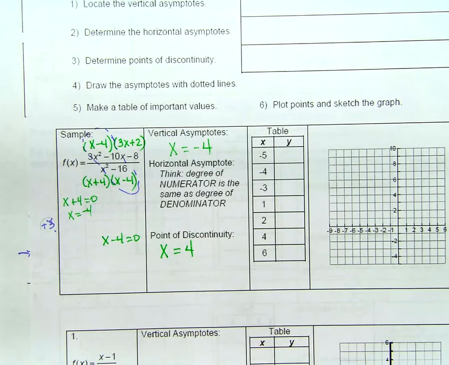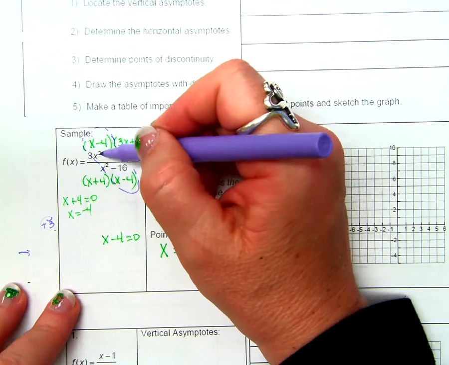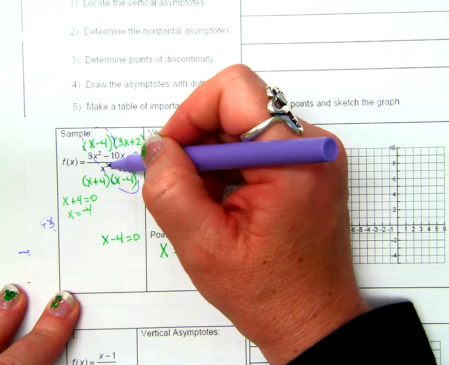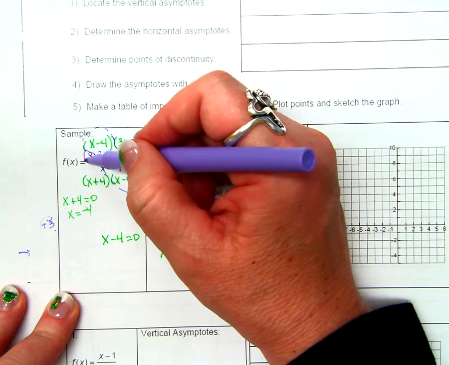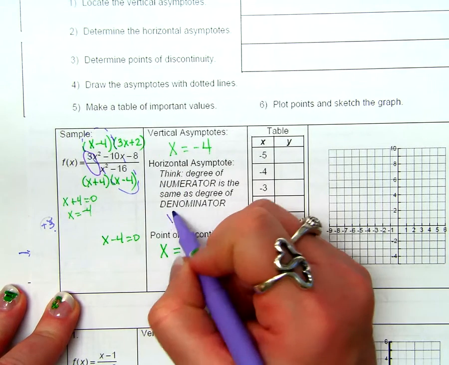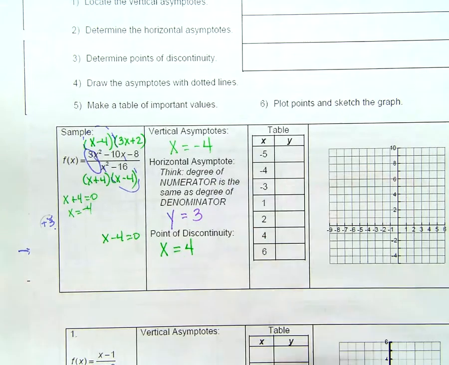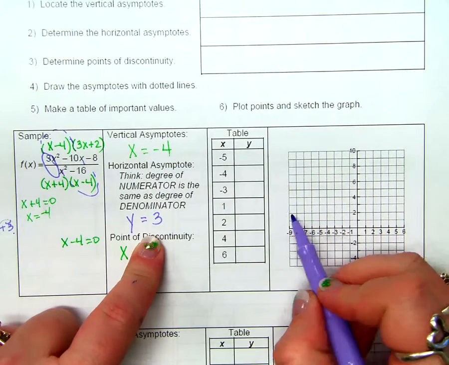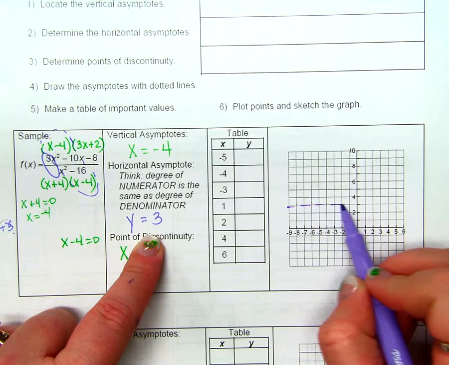How do I find the horizontal asymptotes again? I look at the degrees. In this case, they're the same. Y equals 3. Okay? So I know on my graph there's a horizontal asymptote at 3.